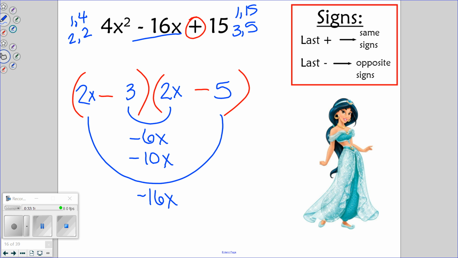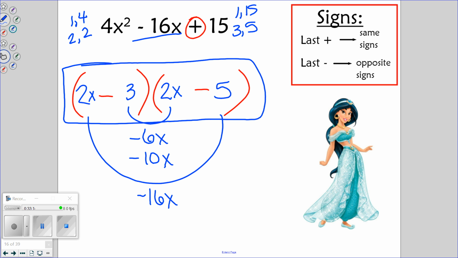And it's exactly what we wanted. So we are done. Since my last sign is positive, that means the same sign, meaning they're either both plus or they're both minus. If you make them both pluses, you're never going to get a negative 16 in there. So they have to both be minus.